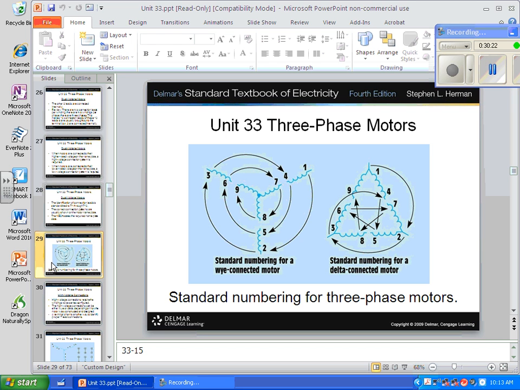The ones we have in the lab are star motors, so they'll be laid out just like this. 7, 8, and 9 are already tied together internally. You can't see it, you can't do anything about it, but you can find them by finding that there are 3 leads coming out that are all connected together. That's 7, 8, and 9. Doesn't matter which one's which. We'll talk about that later.